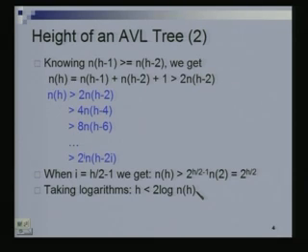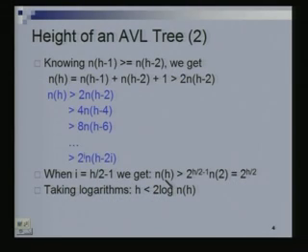Right. So if I have an AVL tree on n nodes, then n of h is actually less than n, because I have an AVL tree whose height is, let us say, h, and it has n nodes.